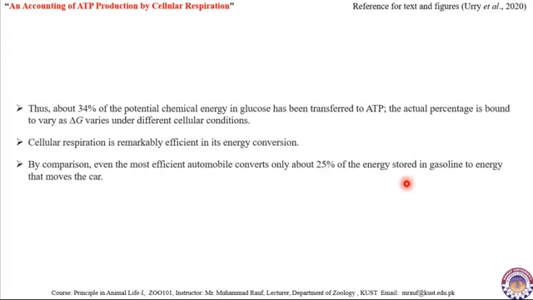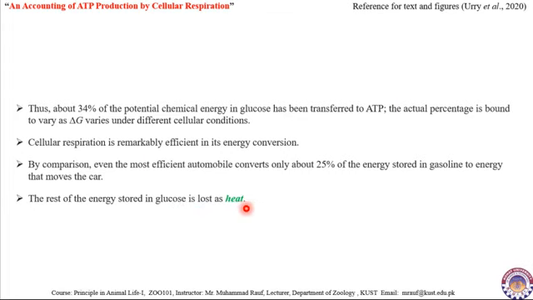That is, of the energy stored in those fuels, only 25% is extracted, which helps the car to move. The rest, 75%, is liberated as heat. So the rest of the energy stored in glucose is lost as heat.